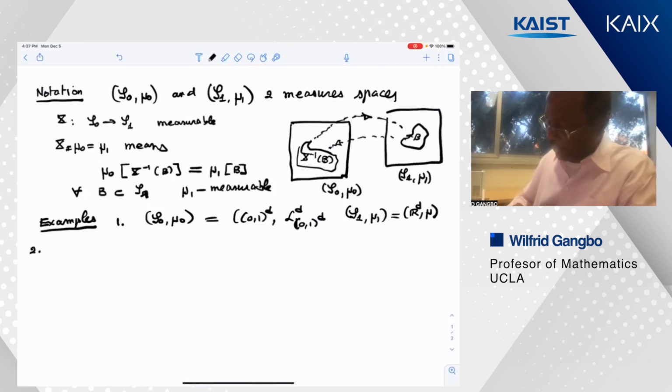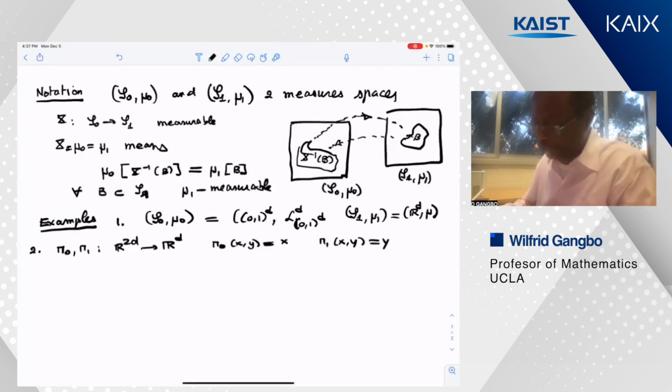Another example which I want to mention is, let us consider the projections pi naught and pi 1 from R^2d to R^d, given by pi naught of (x,y) equal to x, pi 1 of (x,y) equal to y. And take gamma to be a probability measure on R^2d.